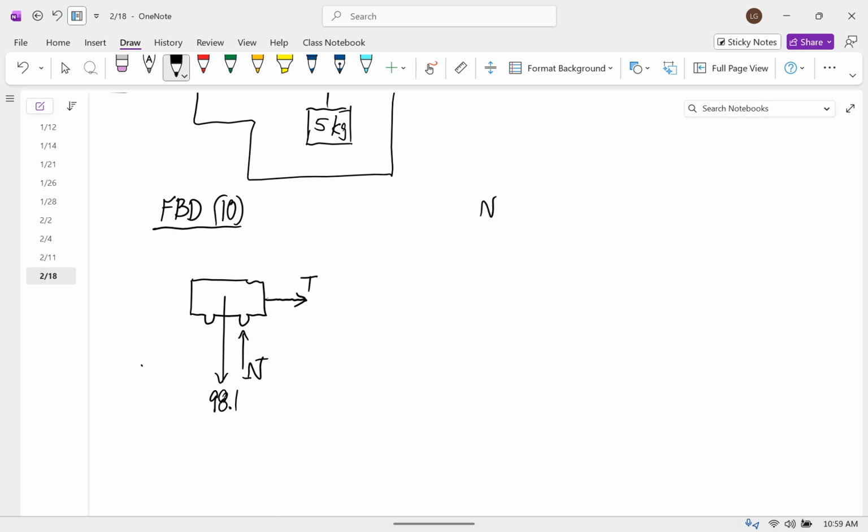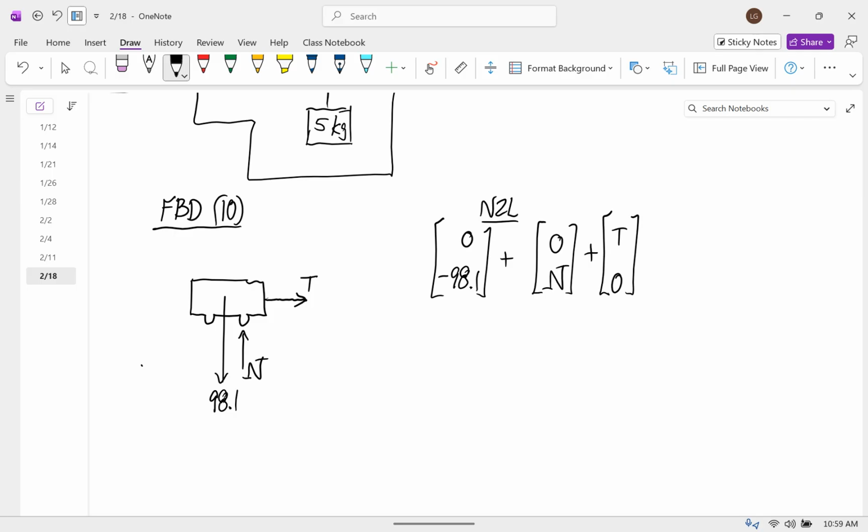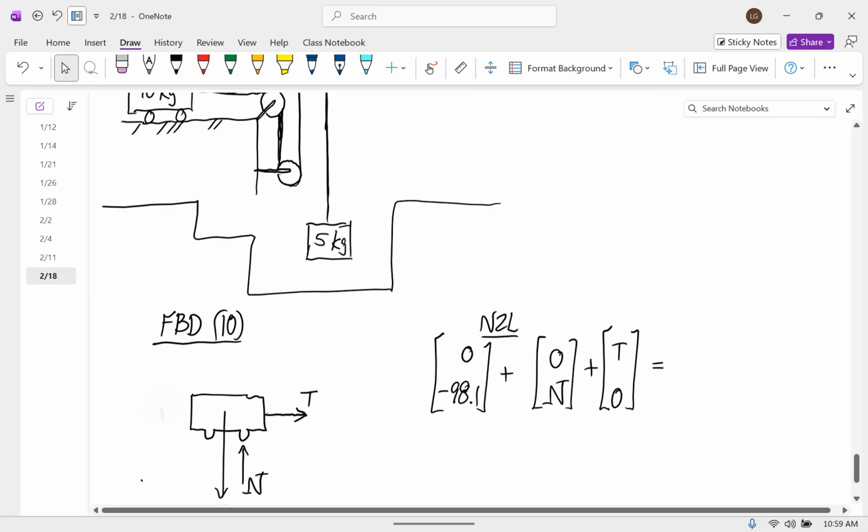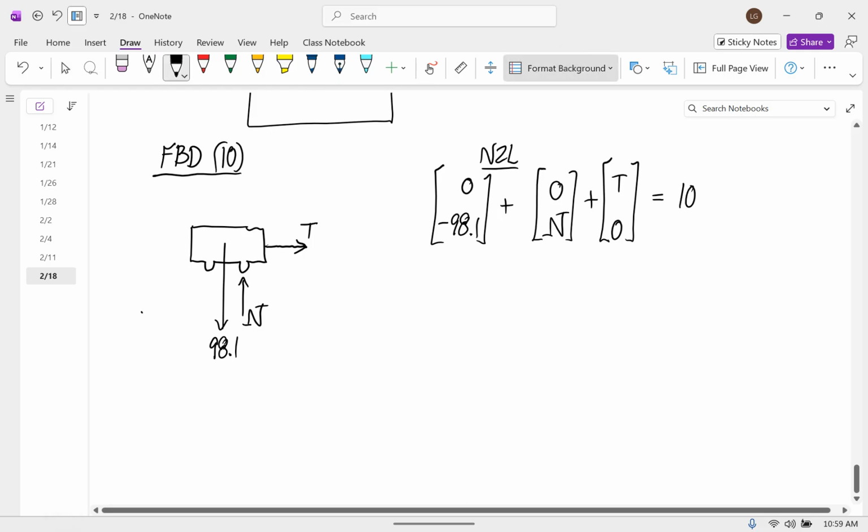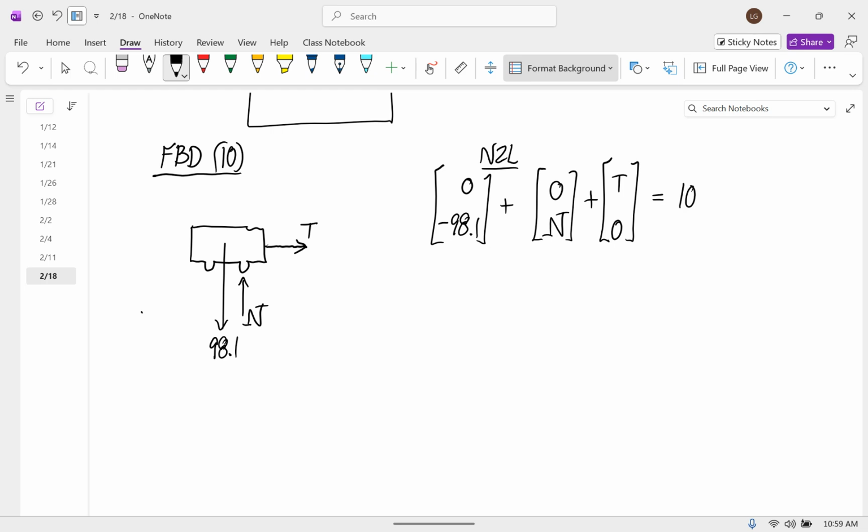And so now I'll put this into Newton's second law. We got 0, negative 98.1, plus 0, N, plus positive T, 0, is equal to the mass of 10 times the acceleration. And we're going to assume that this thing isn't sinking or jumping off the ground. So we're going to just assume that the acceleration has an x component, and I'll just write that as a, 0.